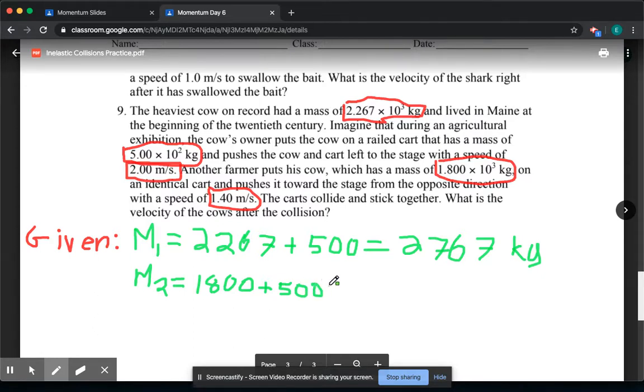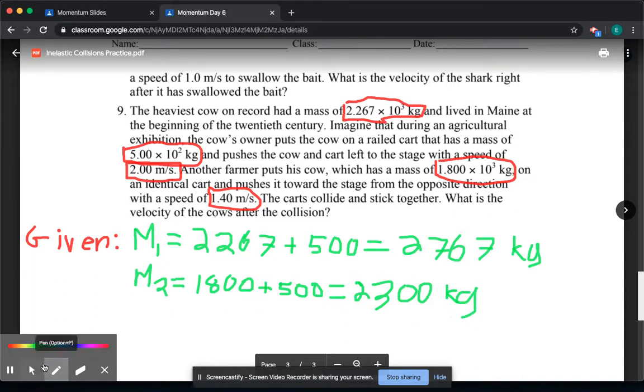And 1,800 plus 500 is going to be 2,300 kilograms.